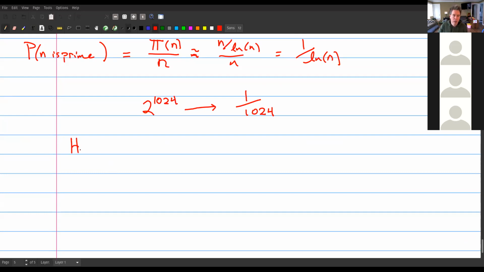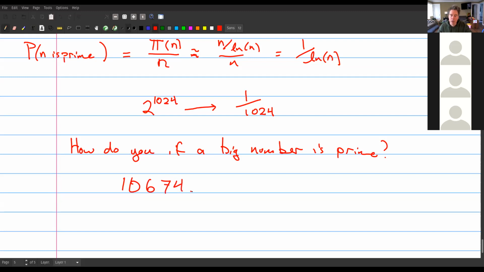So how do you know if a big number is prime? Because you can't factor it. If I look at some huge random integer, we could just make one up, blah, blah, blah, and so on, we wouldn't be able to factor that number if it was this big.